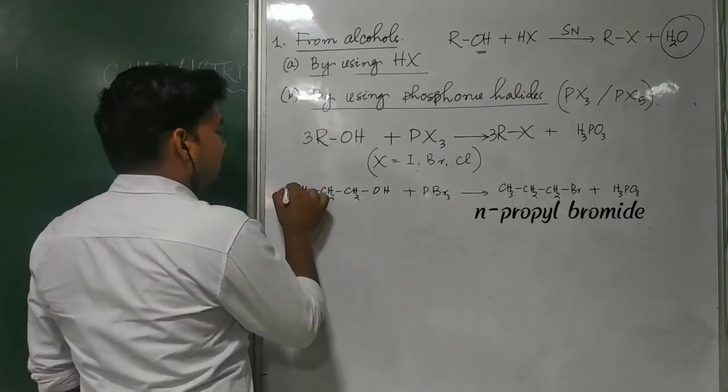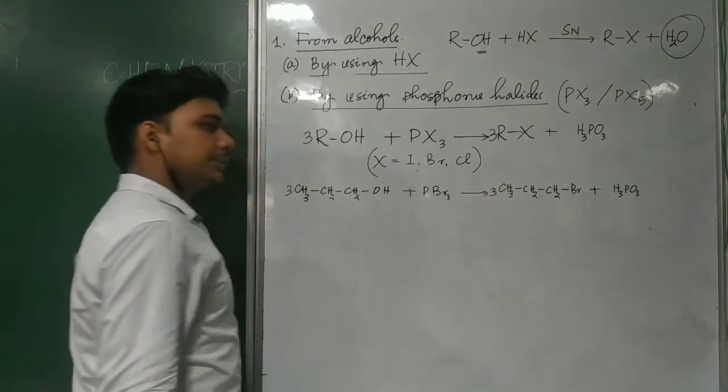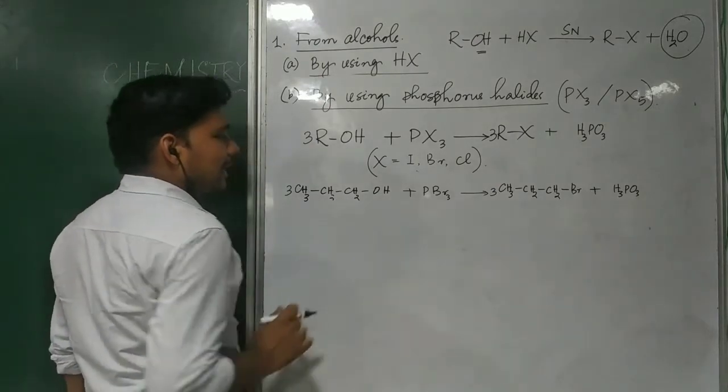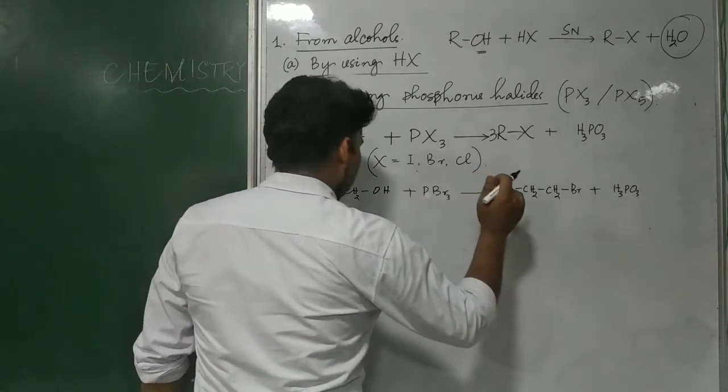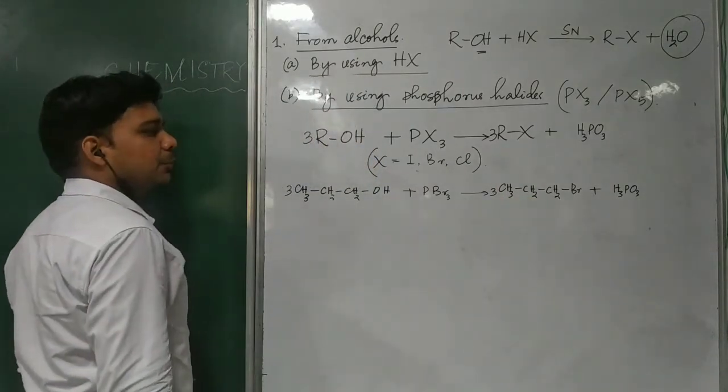In order to balance the equation, I need to multiply by 3, also 3 with the product. So n-propyl alcohol is giving rise to the formation of n-propyl bromide.